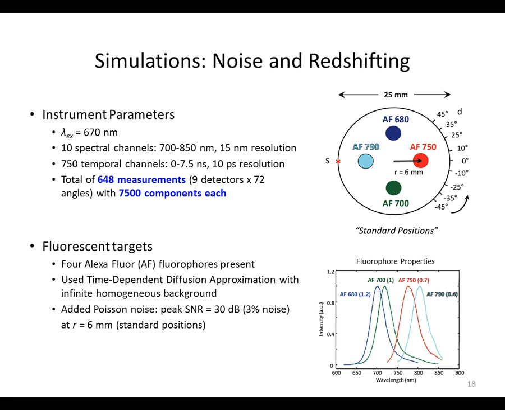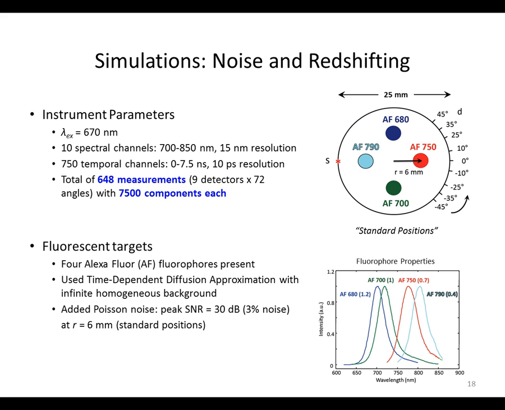I'm not going to go into all of the details, but if you look here on the upper right, you see that I'm assuming my sample is about 25 millimeters in diameter, which is typical for small animal imaging. I have a source on the left and 9 detectors in this arrangement on the right, and I'm going to rotate that entire configuration over 360 degrees to get 648 measurements, and each of those measurements has about 7,500 components.